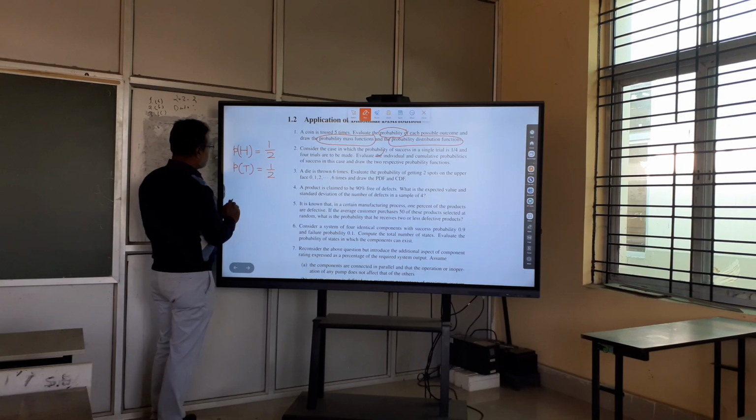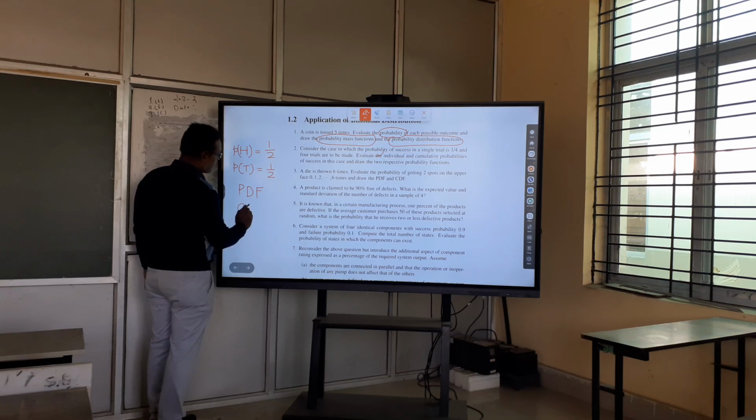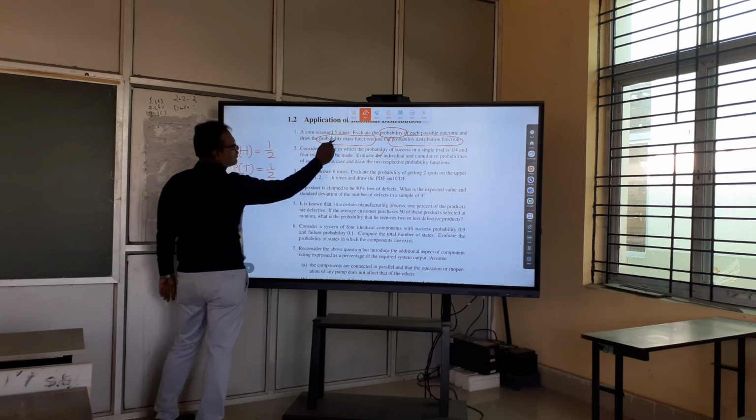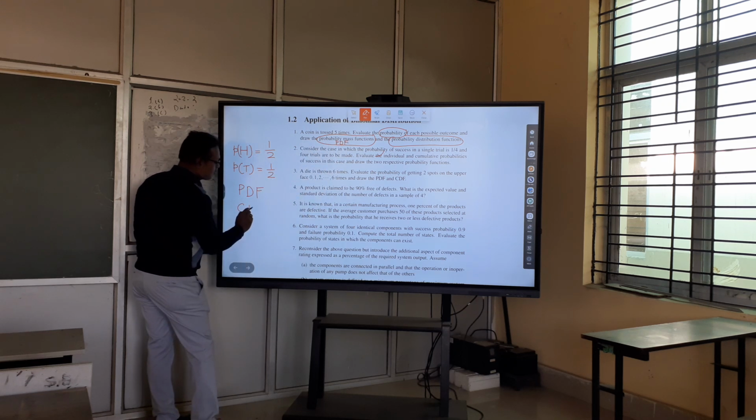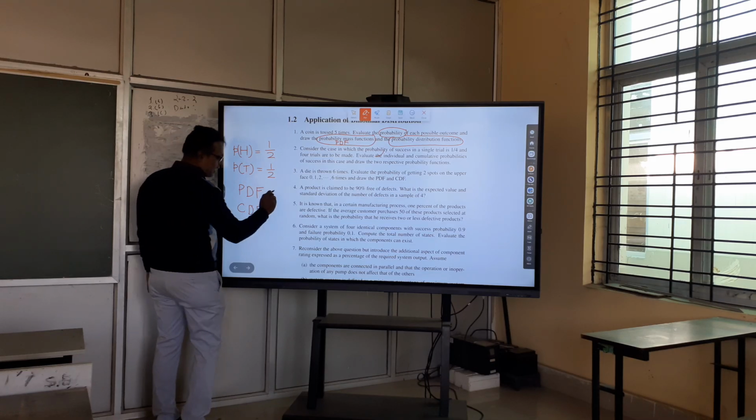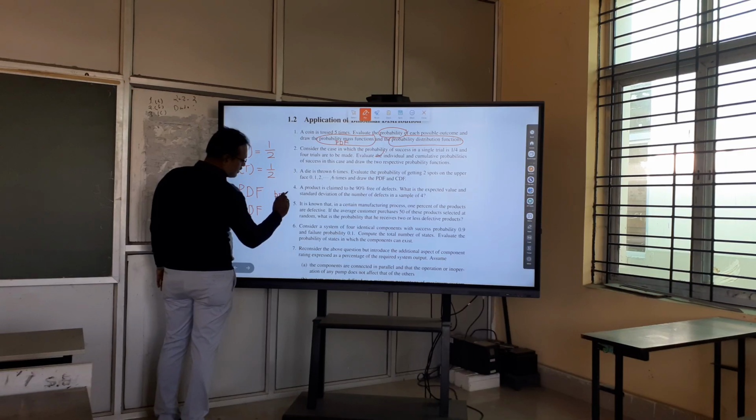Now based on that, we can develop the probability density function and the mass function. This is also known as the probability density function, as well as the distribution function, which is also known as CDF. So write down, this is called probability density function.